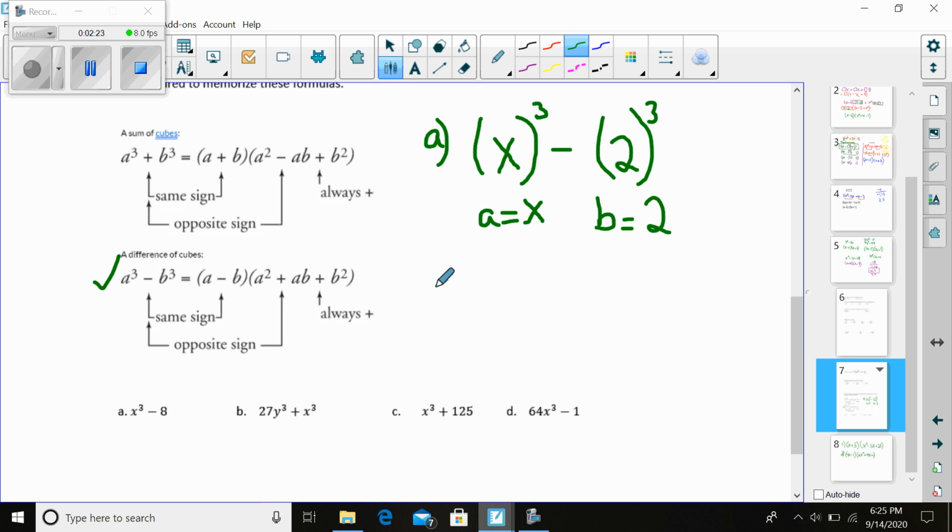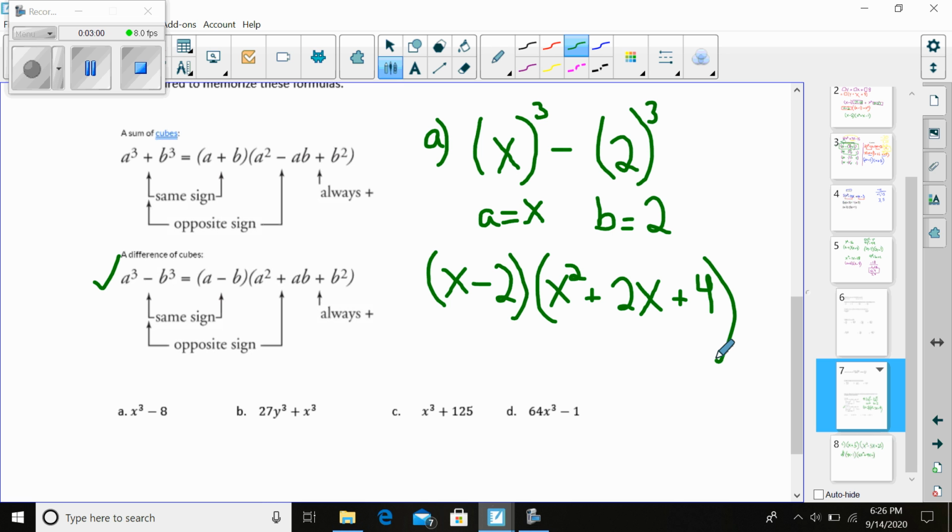So the formula tells me that the factored form in letter A, take A minus B, so that would be X minus 2, and then square A, multiply A and B, 2X, and then square B. All right, and that would be the final result.